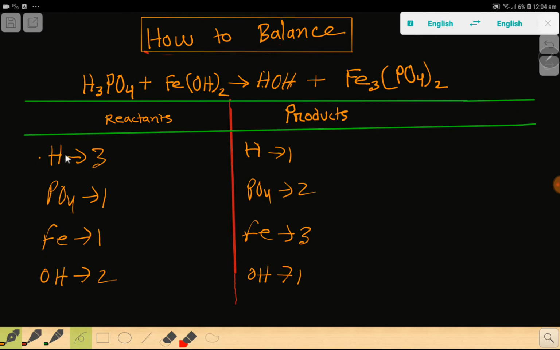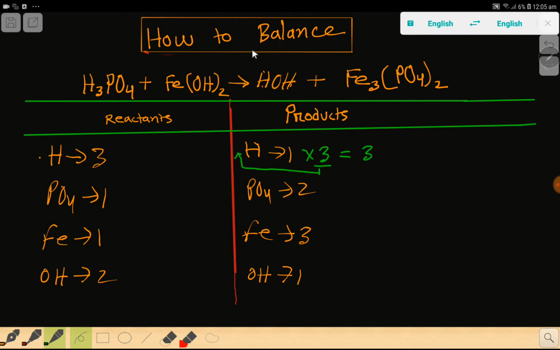So to balance this reaction means we have to balance the number of hydrogen, phosphate, iron and hydroxide from both sides of this reaction. Hydrogen 3, but here 1. So to balance the hydrogen, what can I do? I can simply multiply here by 3, that gives me 3. If I multiply by something, that something must come before the atom.